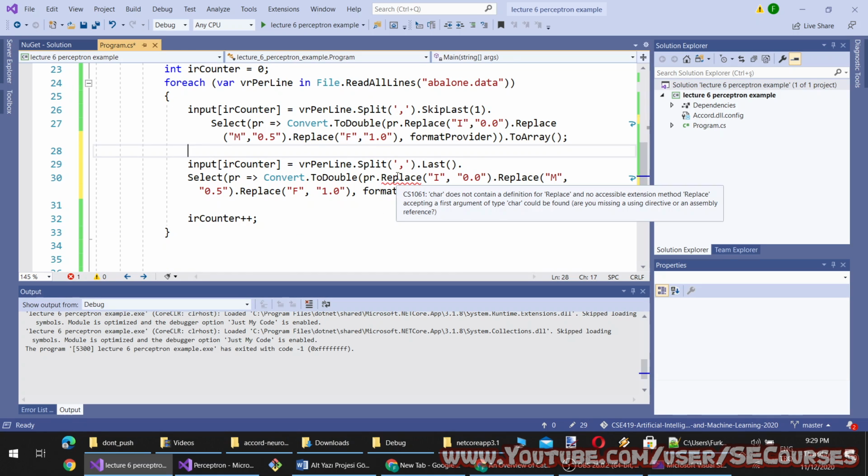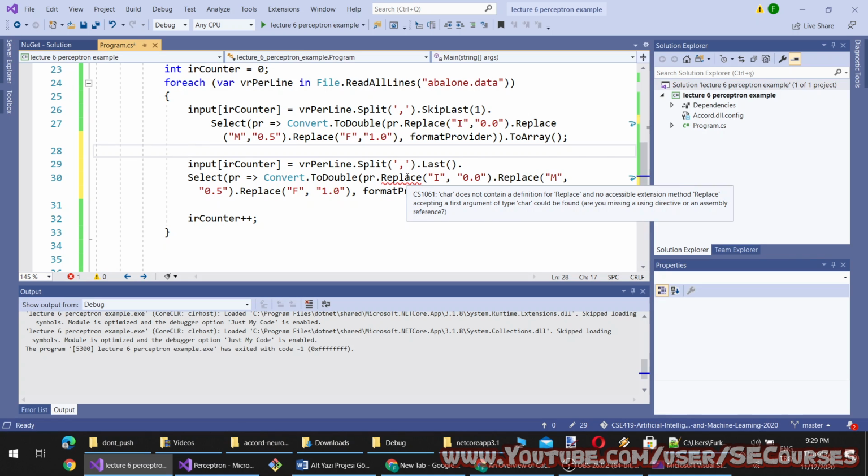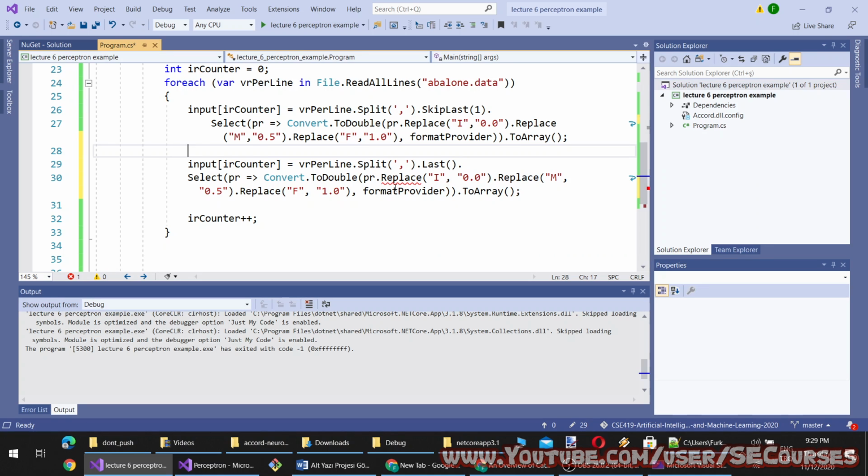And this is interesting. It says it's a character. Oh, by the way, since I am taking the last, I don't need the array. Let me show you.